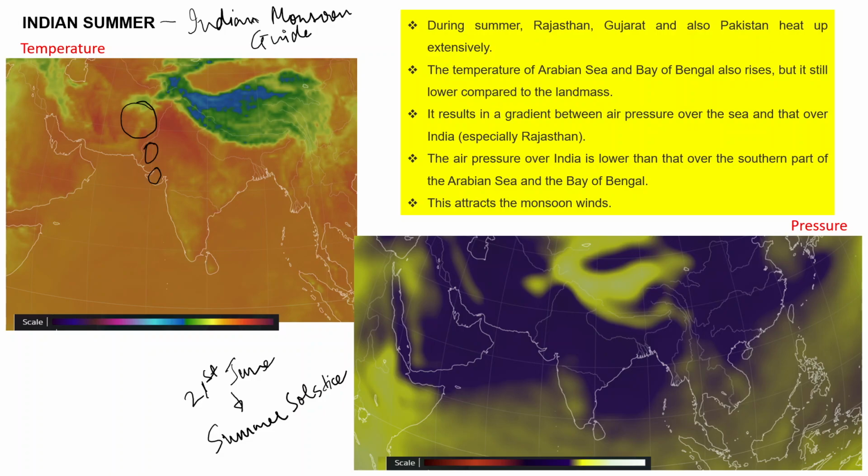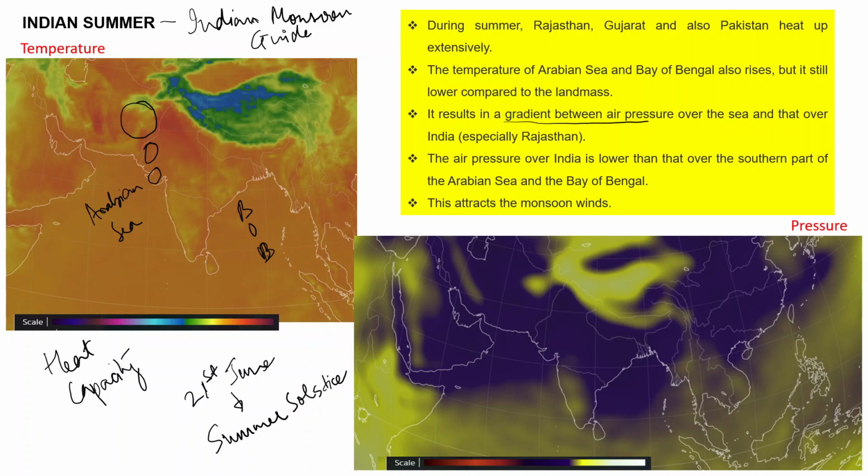At the same time, the temperature of the Arabian Sea as well as the Bay of Bengal also increases. But then again, you have to keep in mind the specific heat capacity. We all know that the specific heat capacity of water is extremely high, due to which it warms slowly than the Indian landmass.